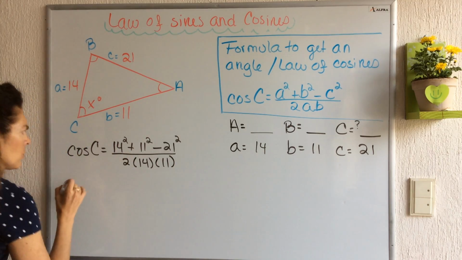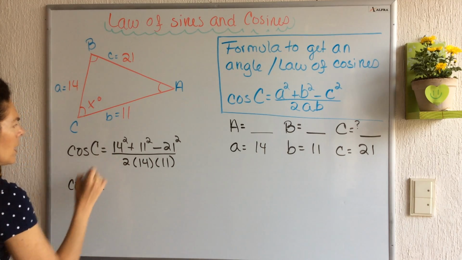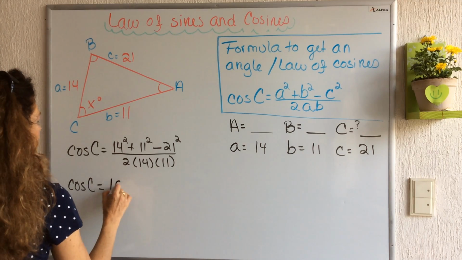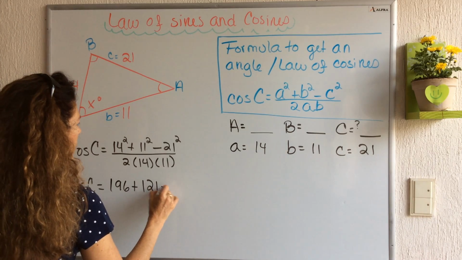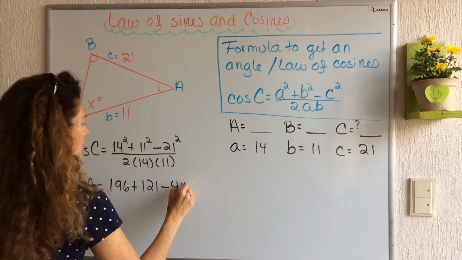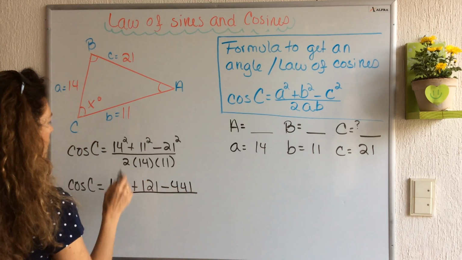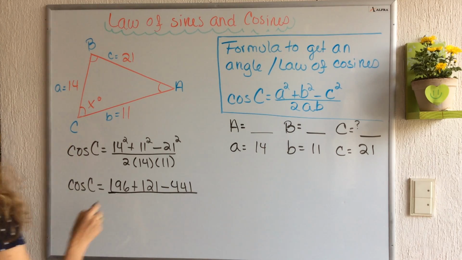Okay, let's continue solving. Cosine of C equals 196 plus 121 minus 441, all over 2 times 14 times 11 is 308.